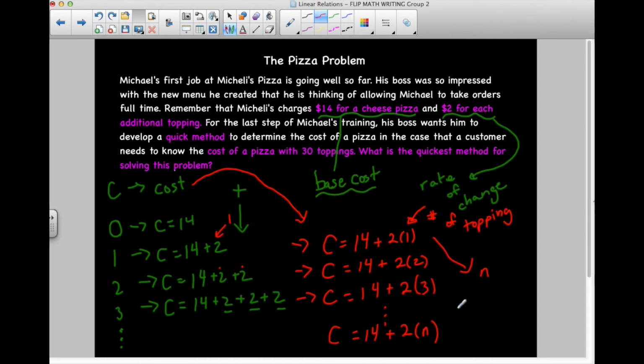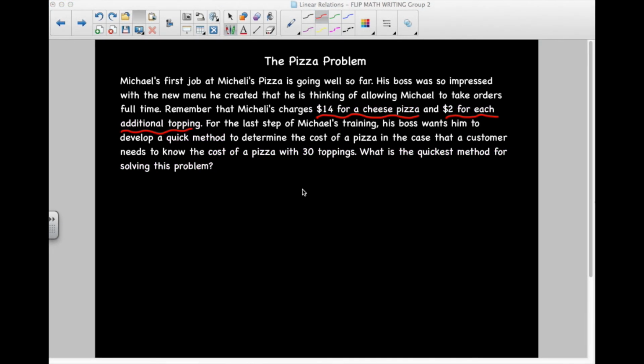It was a little bit of work to come up with this equation right here. Let's see if we can use some of the important information that we've learned throughout this chapter to quickly come up with this equation. Since we're dealing with a linear equation, we can always use the general equation of a straight line to represent a relation. The general equation is y equals mx plus b. There are a couple key terms that we need to understand when we're using this equation.